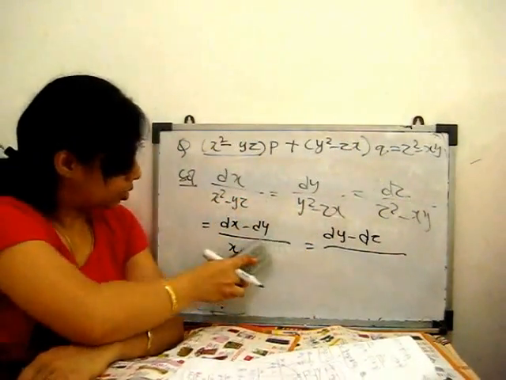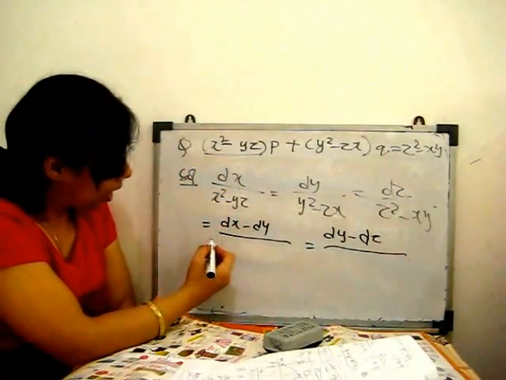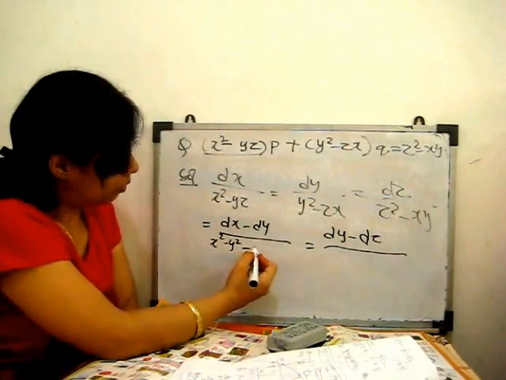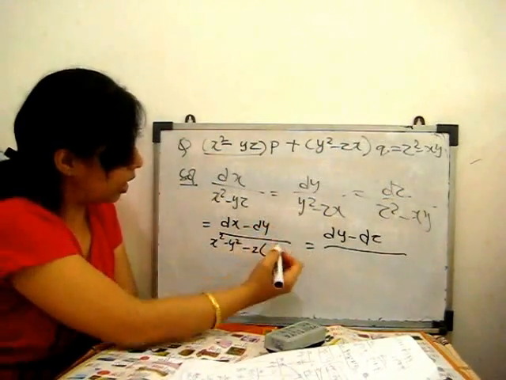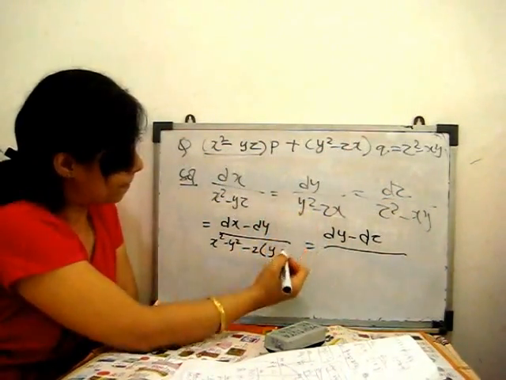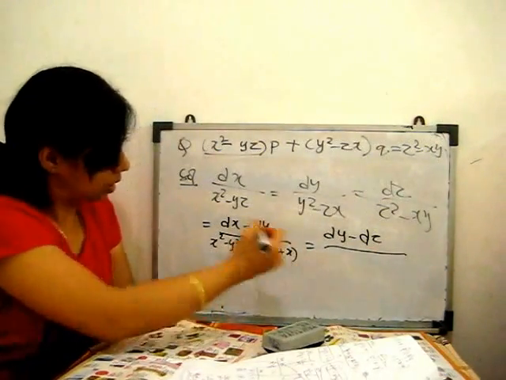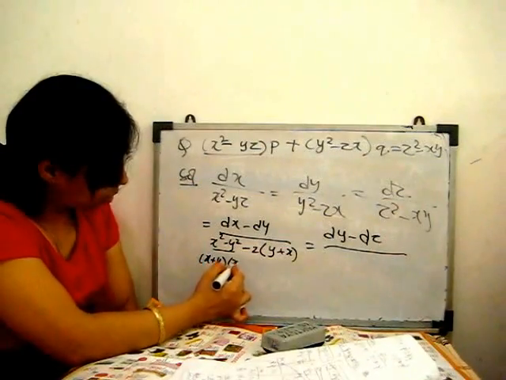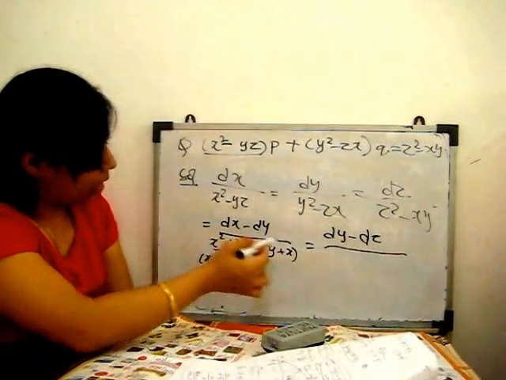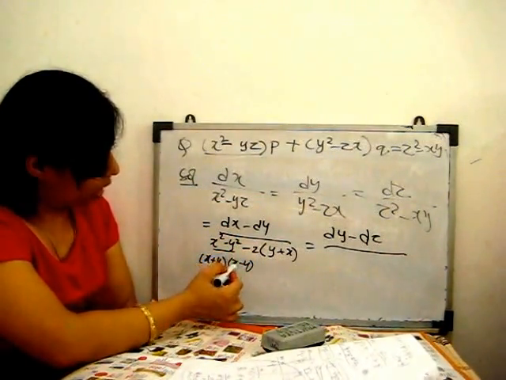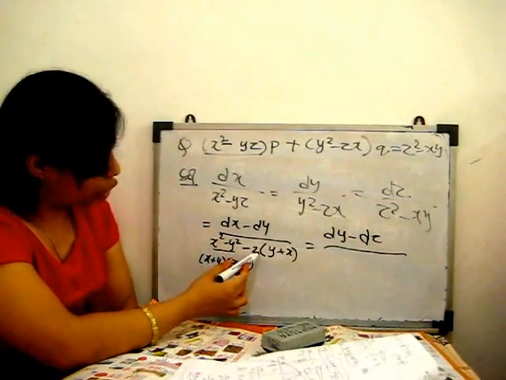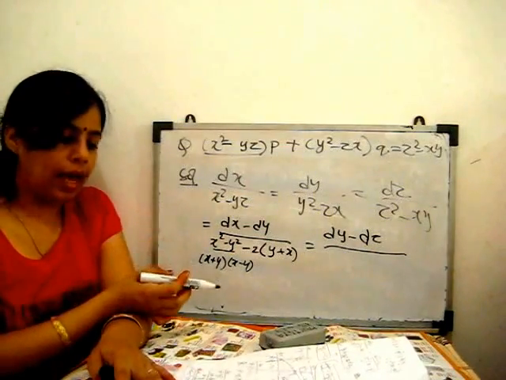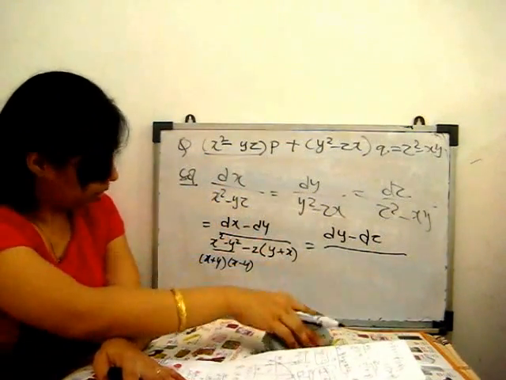And I solve one for you: x square minus y square minus yz plus zx. Clear? Again break it, x plus y, x minus y. Now x plus y taking common, so x minus y minus z.